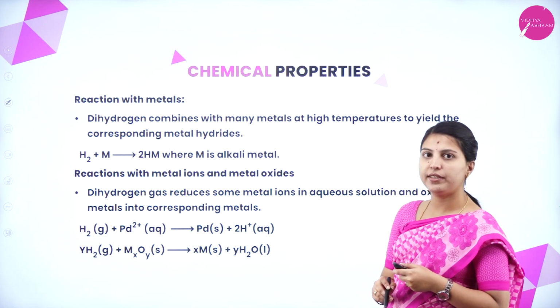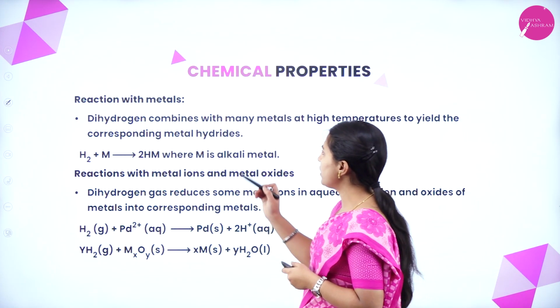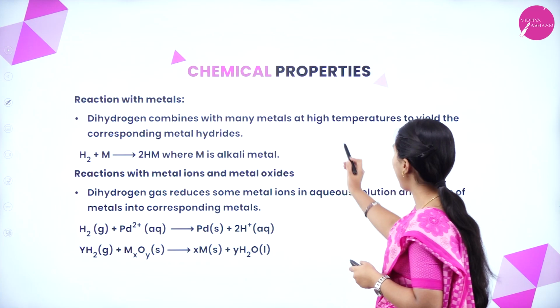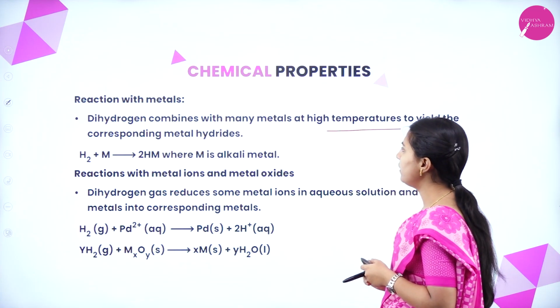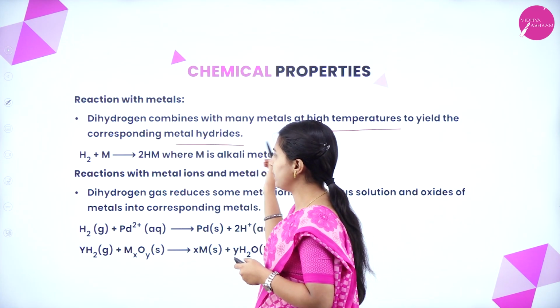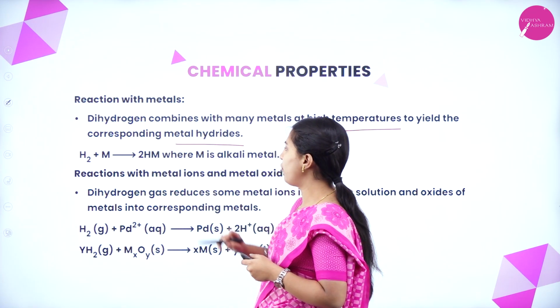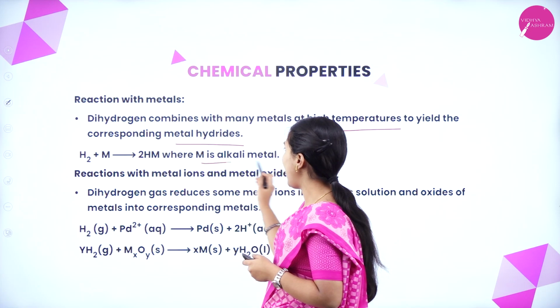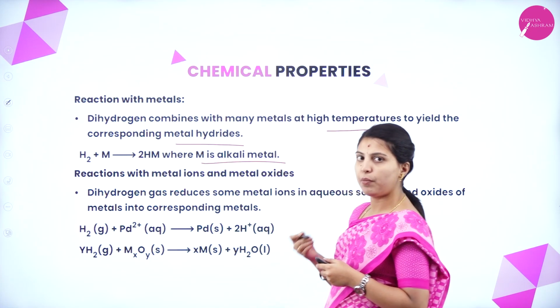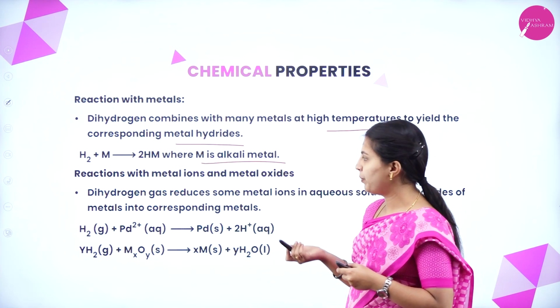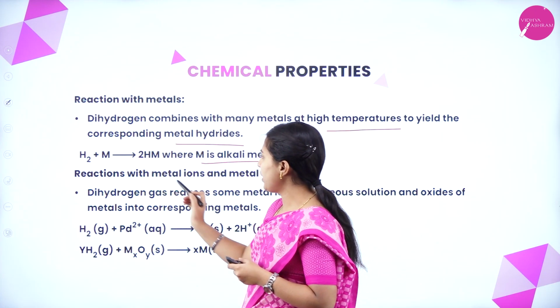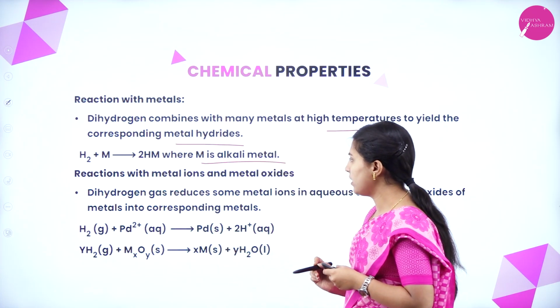Next, reaction with metals. Dihydrogen combines with many metals at high temperatures to yield the corresponding metal hydrides. If dihydrogen is reacted with metal, it will form metal hydride. M is an alkali metal like sodium, potassium, rubidium, like that. Reactions with metal ions and metal oxides.